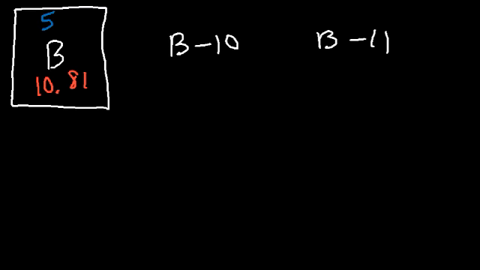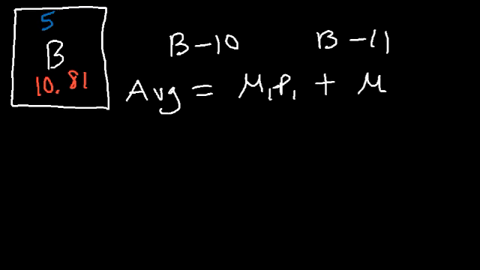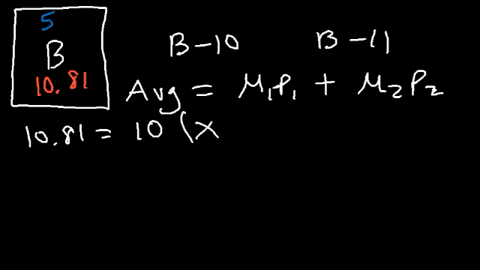So we're going to start with the same equation. The average is equal to M1P1 plus M2P2. So the average is 10.81. The mass of the first isotope is 10, and the percentage, we're going to call it X. Now, it's important to understand something. Let's say the B10 isotope is 70%.